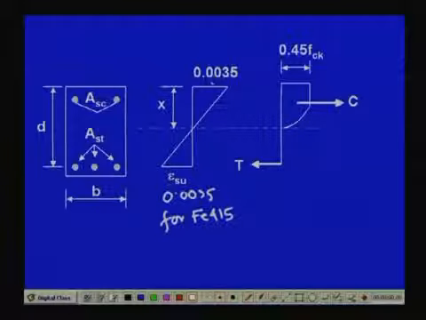In our strain diagram, the concrete strain is always 0.0035, but on the other side it depends on the steel reinforcement you have used. And we shall use this stress block.